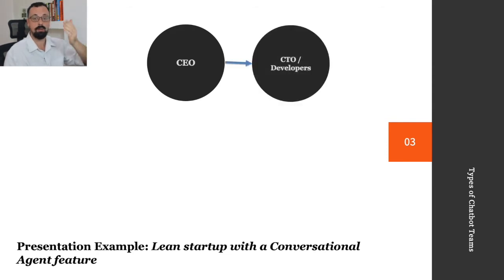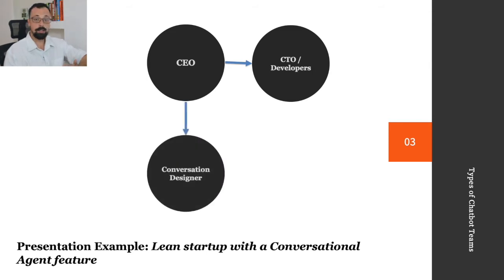The CEO would normally hire a CTO before they even think about a conversation designer, or have already a team of developers. And then there's you, the conversation designer. So with such a small sized team, your role as a conversation designer might expand a bit, and you may have to look at roles outside of just designing the conversation.